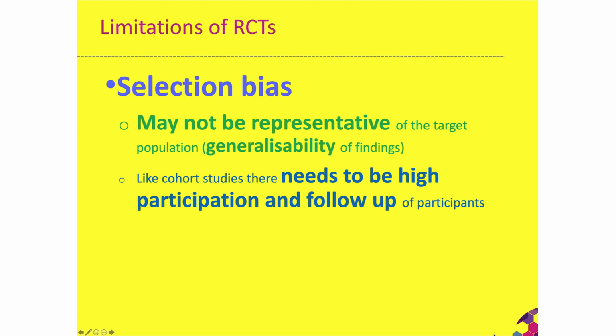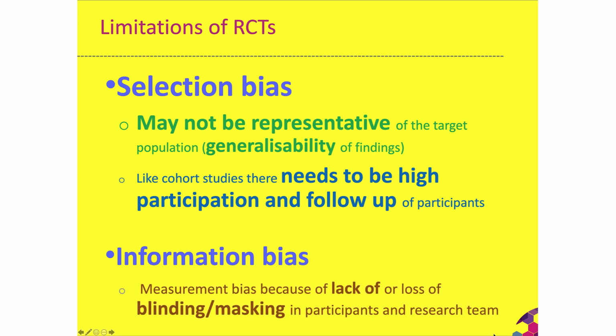So those kinds of selective differences will lead to some selection bias. And we may also have some information bias, where we're getting information either through blinding and masking, but also through collecting information through questionnaires and other things, that we may get some recall bias, which is one type of information bias.